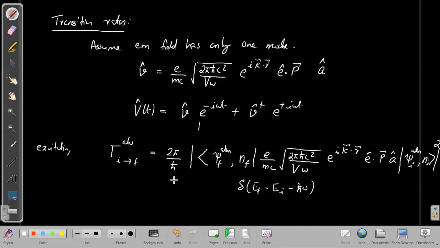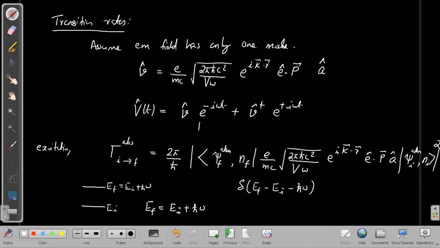So this means that this absorption is possible only if EF equals EI plus h cross omega. That is, the final state of the atom would be EI plus h cross omega, where EI is the ground state.